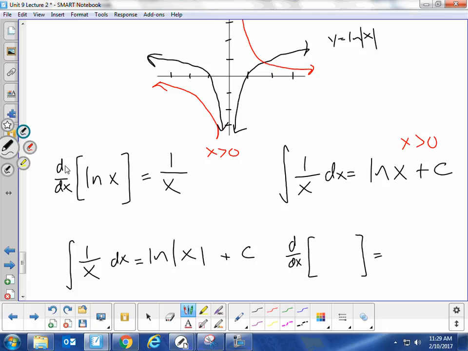Now, we are talking about any value except for 0 for 1 over x. So if we start here with what's the antiderivative of 1 over x, we need to add on a domain for log x by using this absolute value. Which means if I asked you what the derivative of log absolute x is, you'd say it would be the entire graph of 1 over x. Sorry, no plus c there.